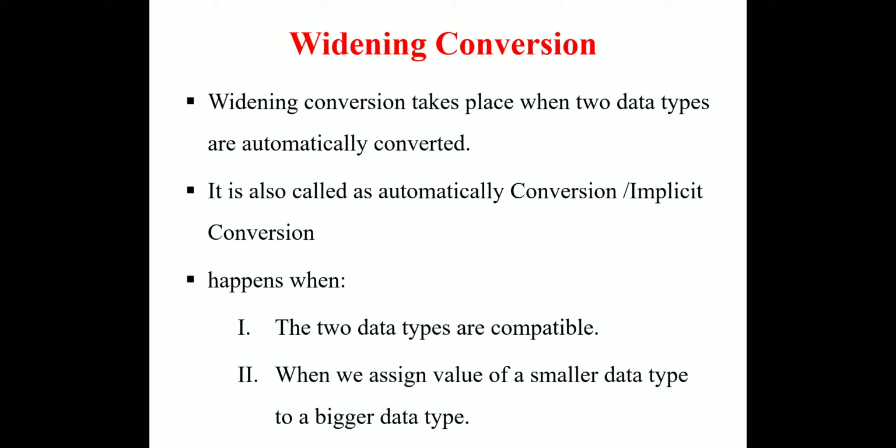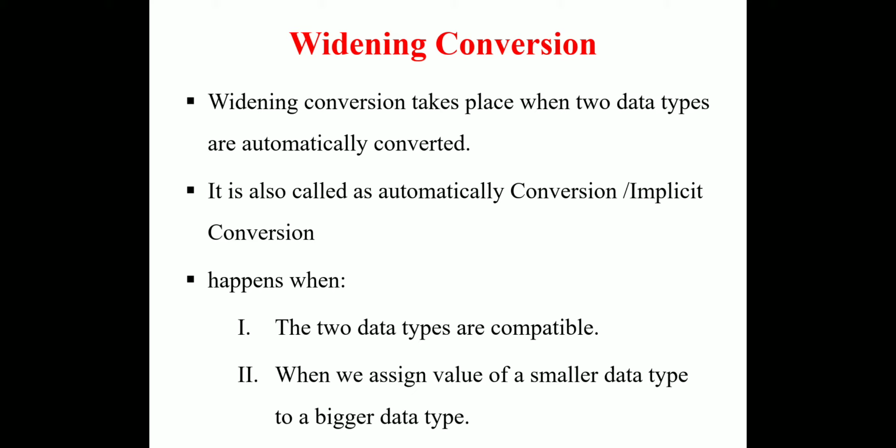Widening conversion happens when the two data types are compatible, and when we assign a value of a smaller data type to a bigger data type. I am going to tell you again and again, compatibility means adjustment.